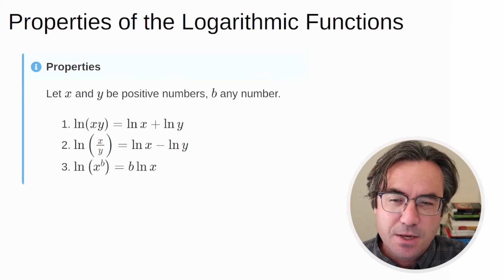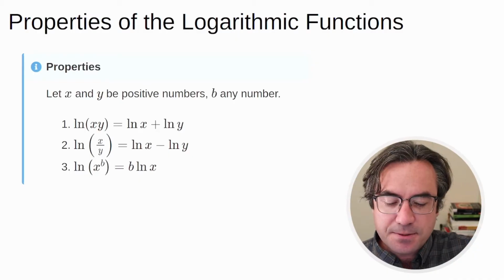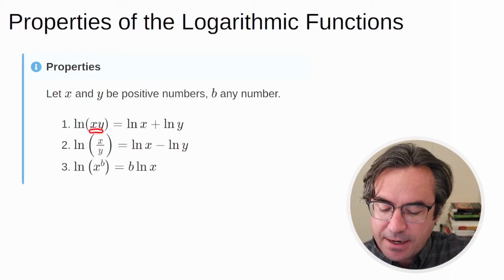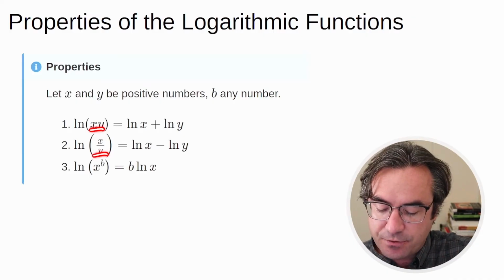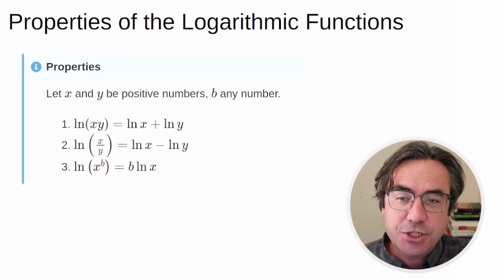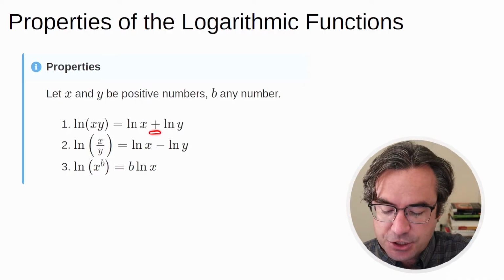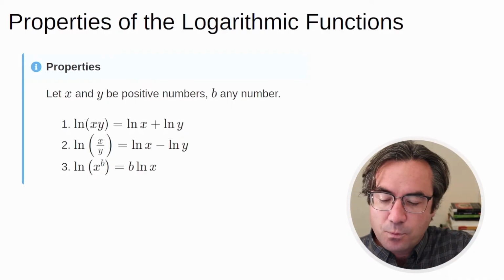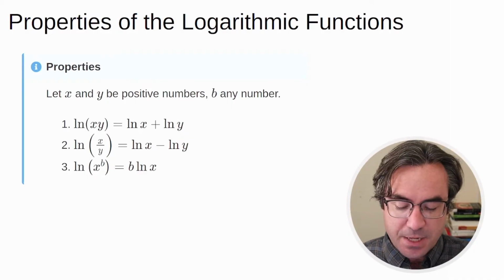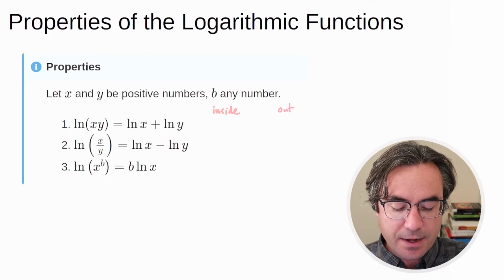What these properties do is take more complicated operations, like multiplication, division, or exponentiation, and convert them into easier operations: addition, subtraction, and constant multiplication. For the first property, we want to think about what's going on inside the log function and compare that to what's going on outside.